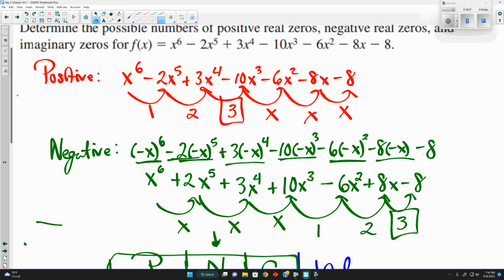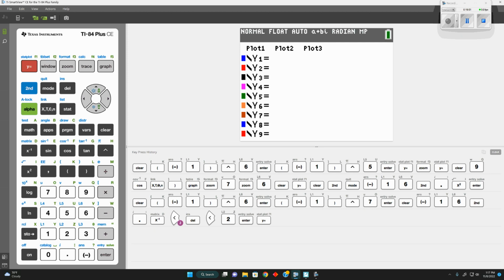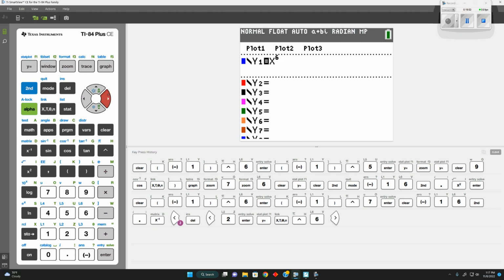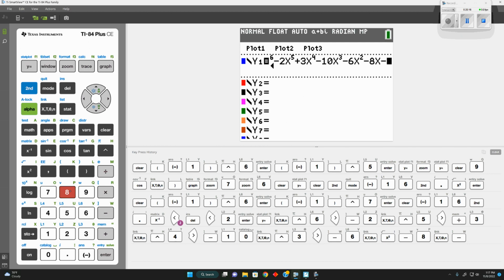I'm going to grab a note sheet. Because if we graph this, let's see what we get. x to the 6th minus 2x to the 5th plus 3x to the 4th minus 10x to the 3rd minus 6x squared minus 8x minus 8.